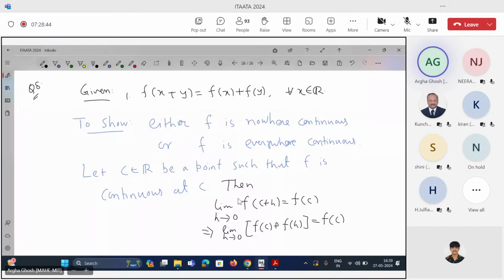So what we are getting is limit h tends to 0, f of h equals 0.